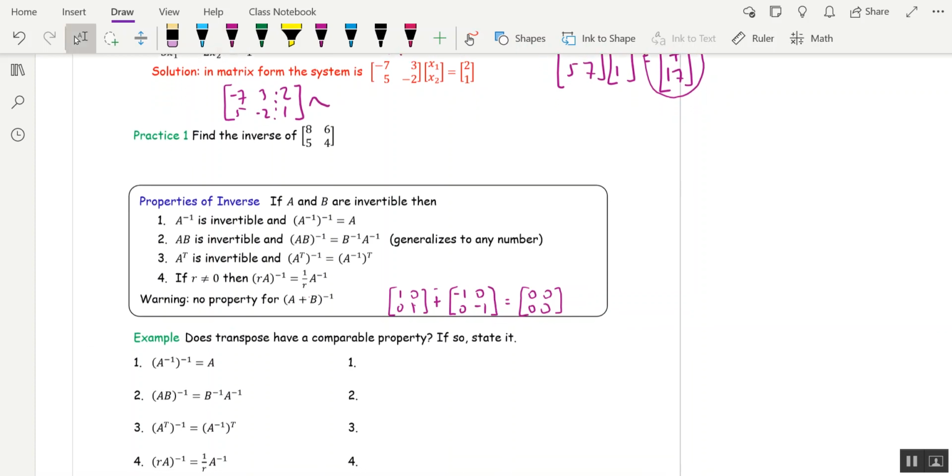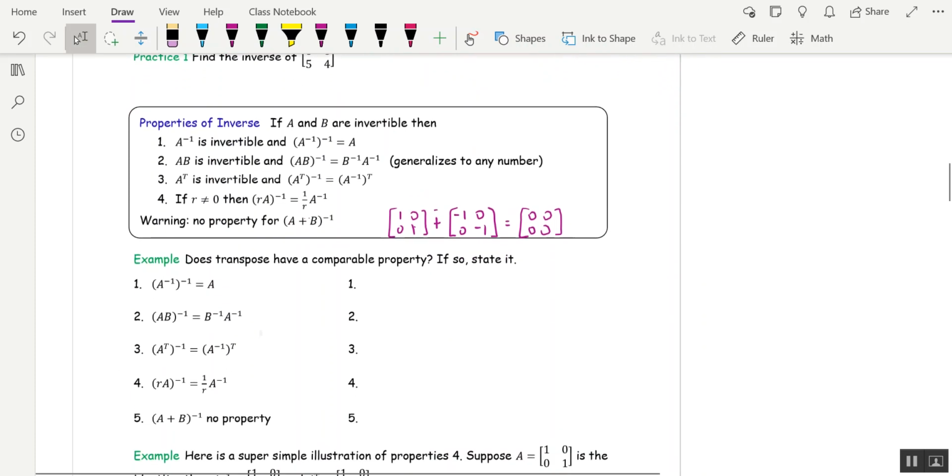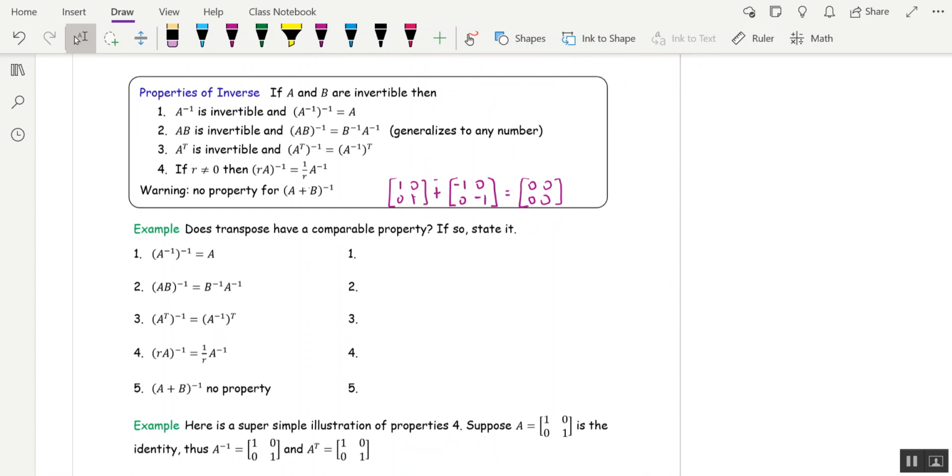So let's take these properties and go through them and compare them to the transpose properties that we learned and see if there are similar properties. I think it's easier to remember if you remember both sets of properties. So A inverse inverse is A. Is there a comparable property for transpose? Yes, there is.